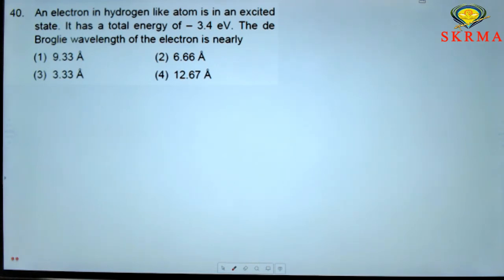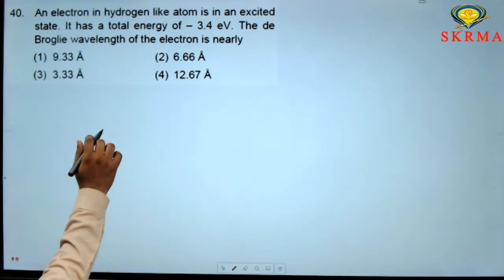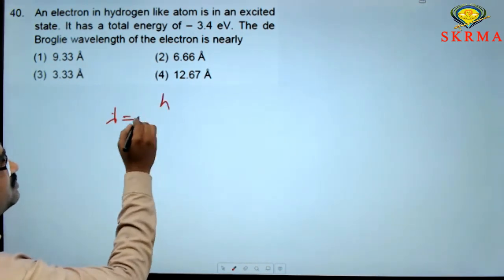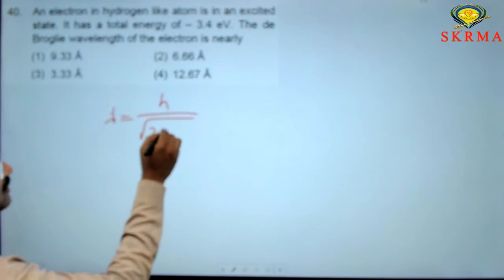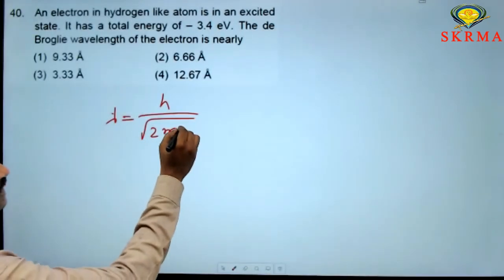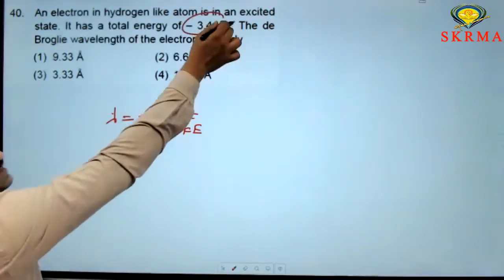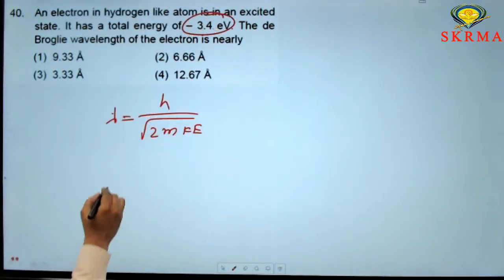Can you write the de Broglie wavelength equation in terms of energies? So lambda equal to H by square root 2m into kinetic energy. Total energy is minus 3.4, so kinetic energy is 3.4 electron volts.